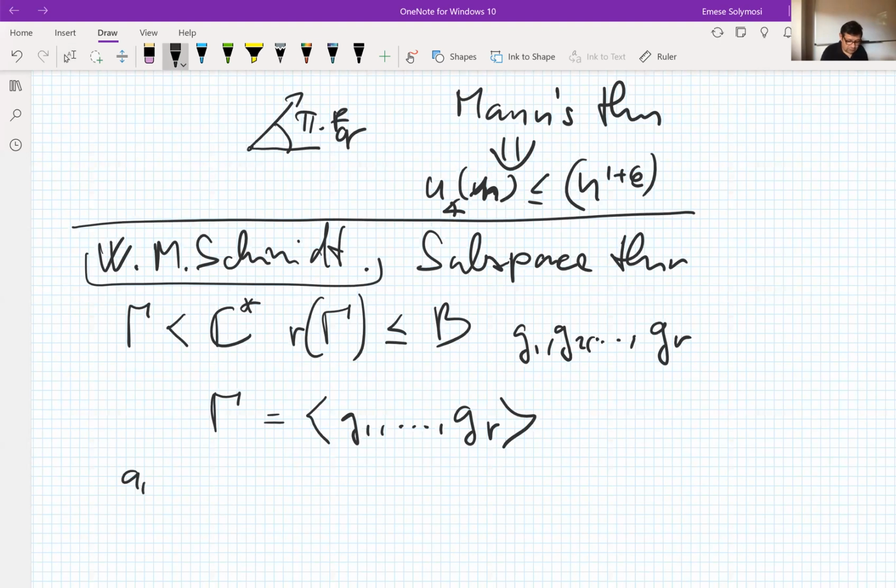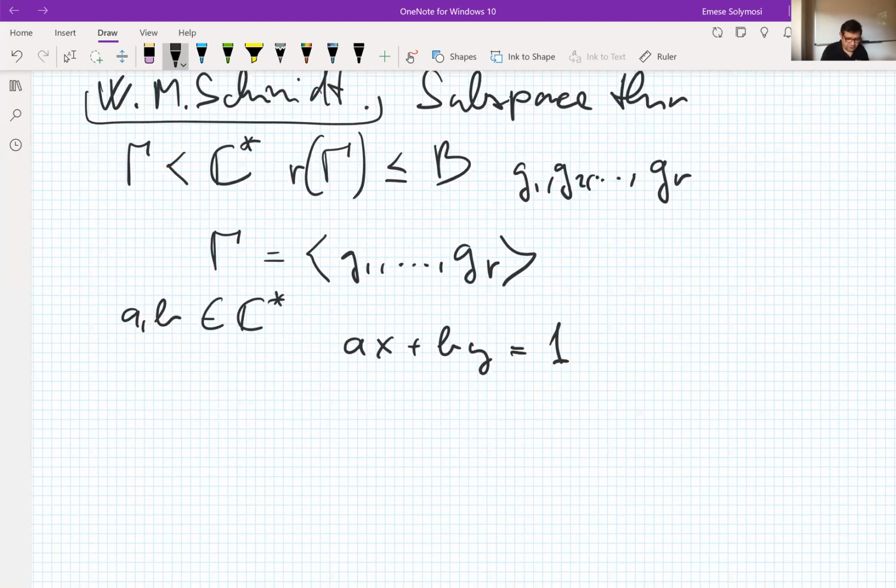So gamma is here. Then you have two arbitrary complex numbers, a and b, say not zero, and you have the very complicated equation a times x plus b times y equals 1, and you are interested in the number of solutions.